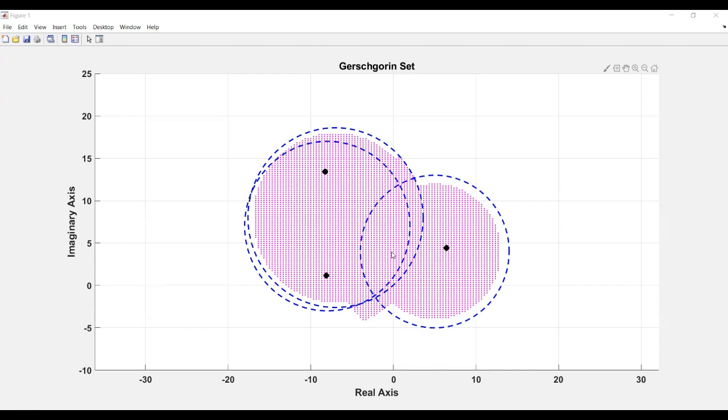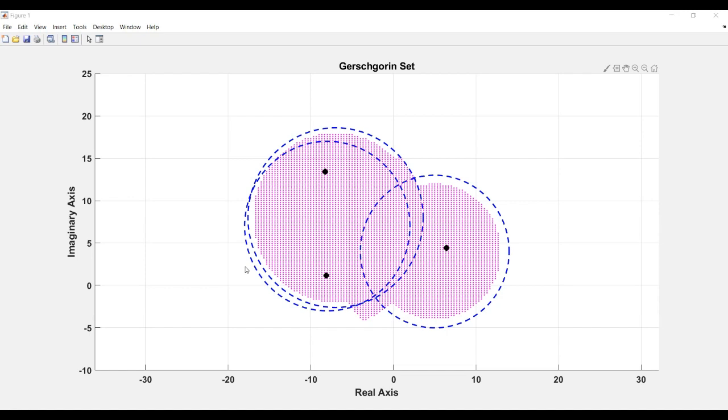And again, that is a set that includes the eigenvalues. Now, I superimposed on that these blue dotted disks, and the blue dotted disks represent the Gershgorin set for that similar matrix that I created.